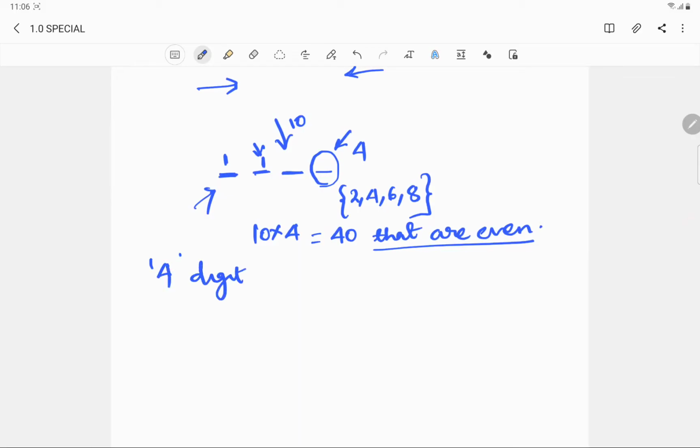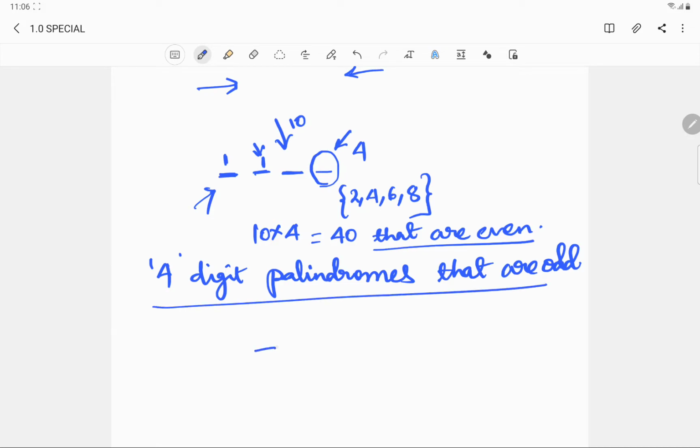Now the units place will have 5 choices, that is either 1, 3, 5, 7 or 9. The tens place will have 10 choices.